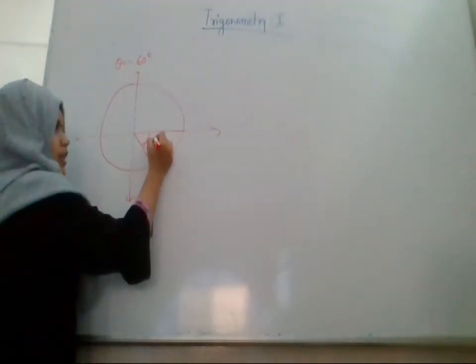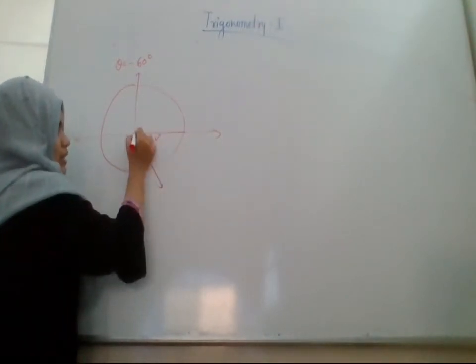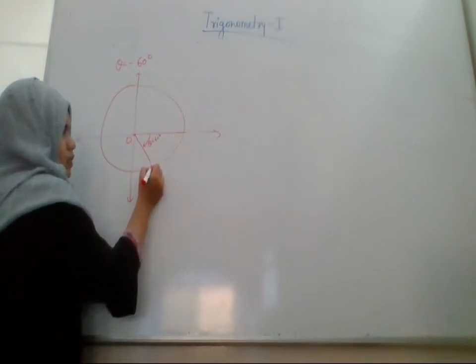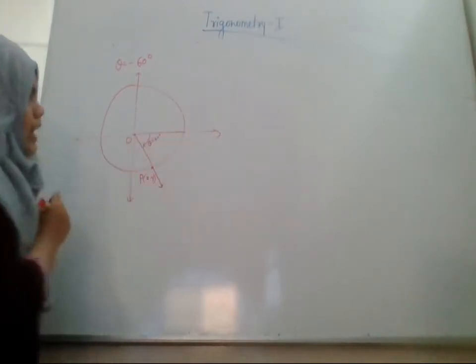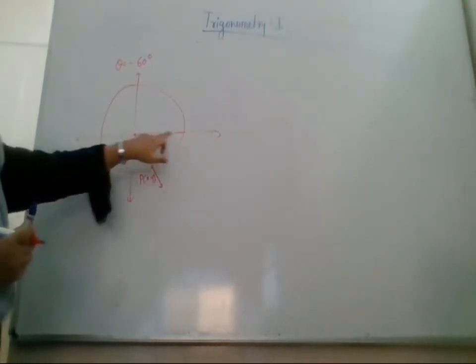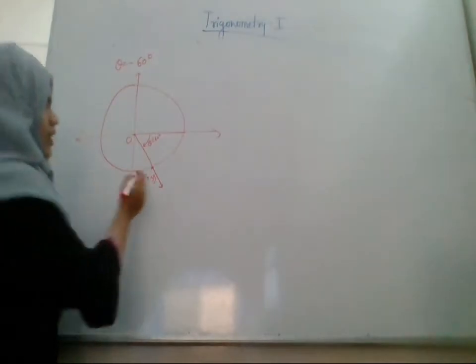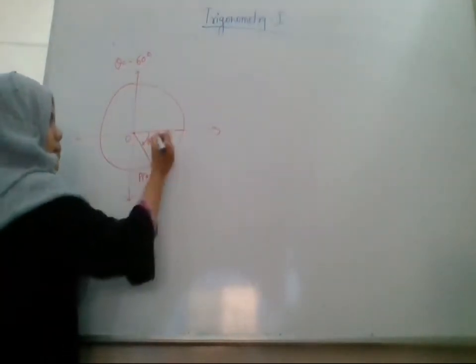So theta is 60 degree, but minus 60. Here this is the origin, and this will be your point P, x comma y. Since we are in the fourth quadrant, x will be positive and y will be negative. Note that.